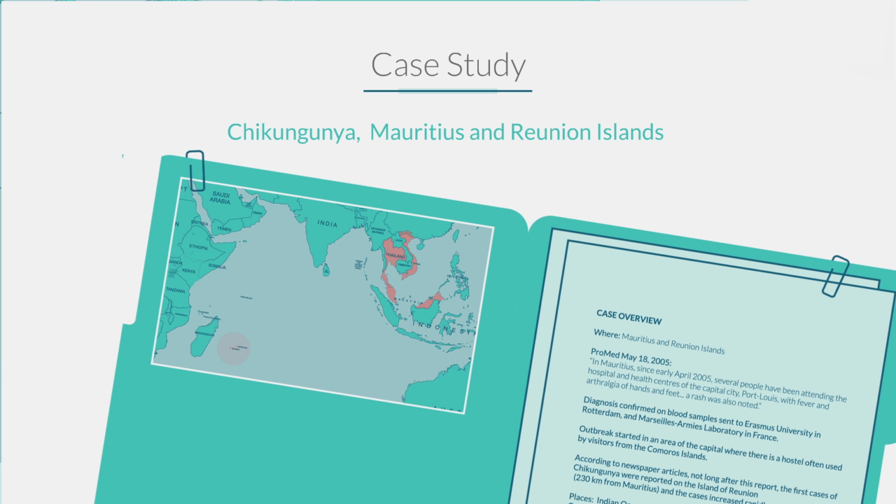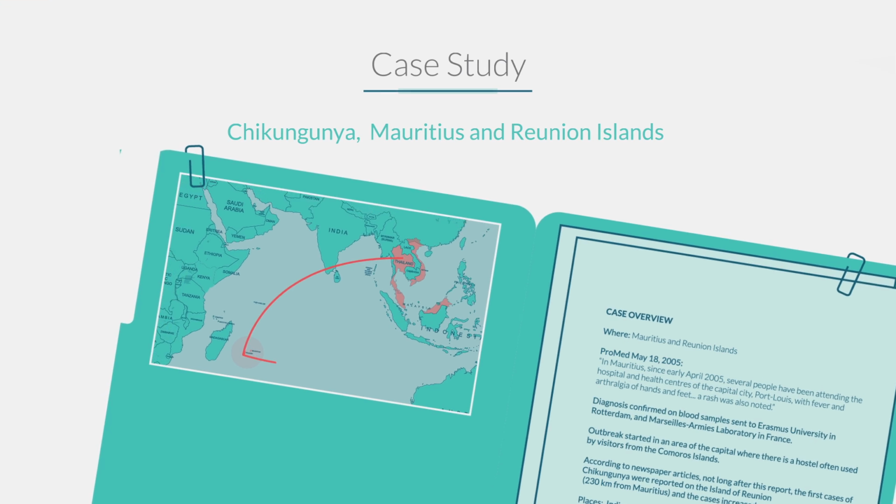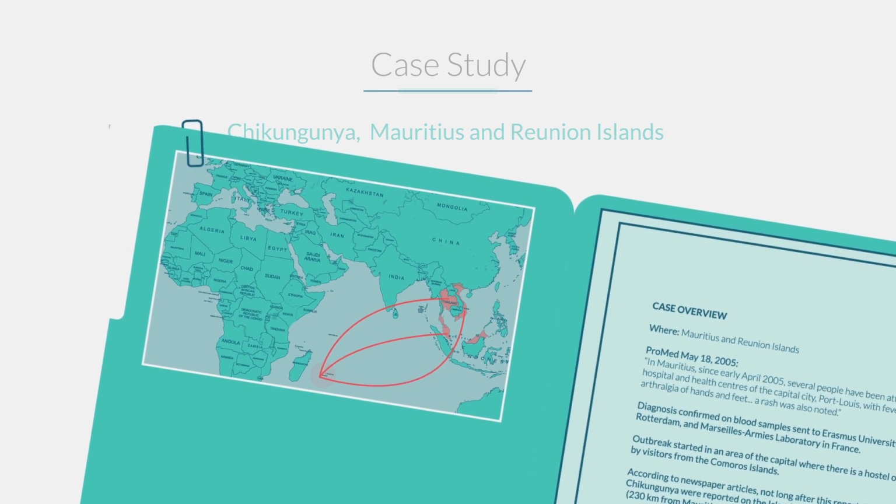How far did chikungunya travel? Let's take a look. This is a map of the Indian Ocean region, showing migration of chikungunya from the various Indian Ocean islands to other regions, including Thailand, Vietnam, and Malaysia.